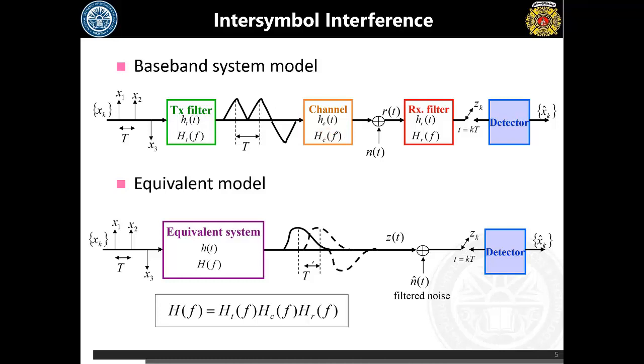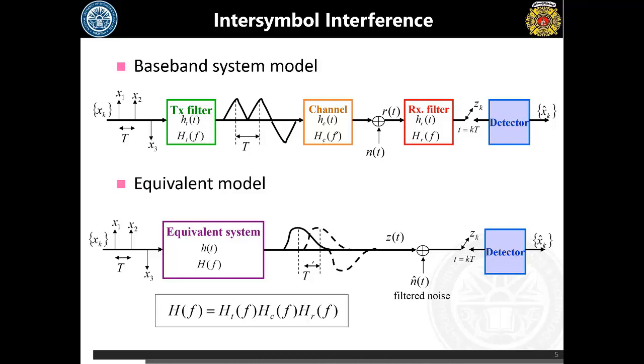After the addition of noise, the third kind of filter, on the receiver side, is the receiver filter. So the transmitted sequence xk undergoes 3 different filters: transmit filter, channel, and then receive filter.